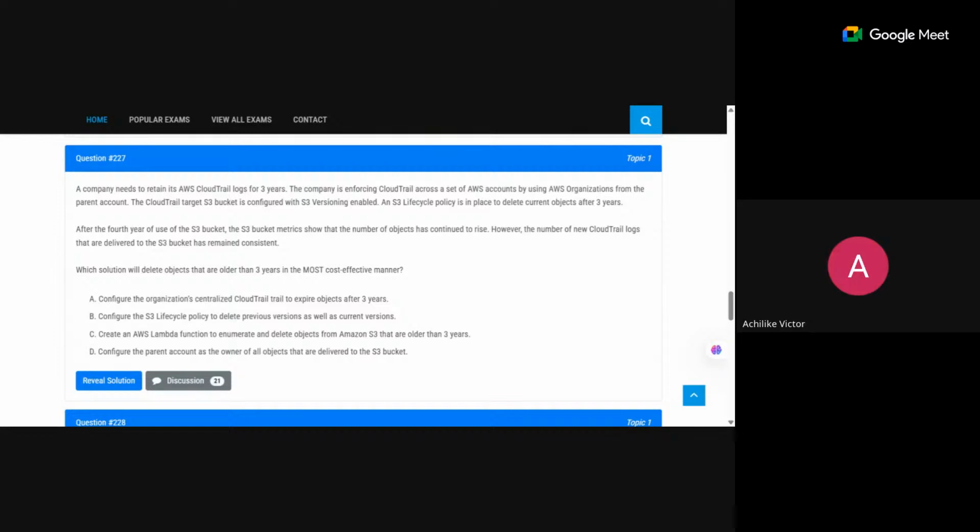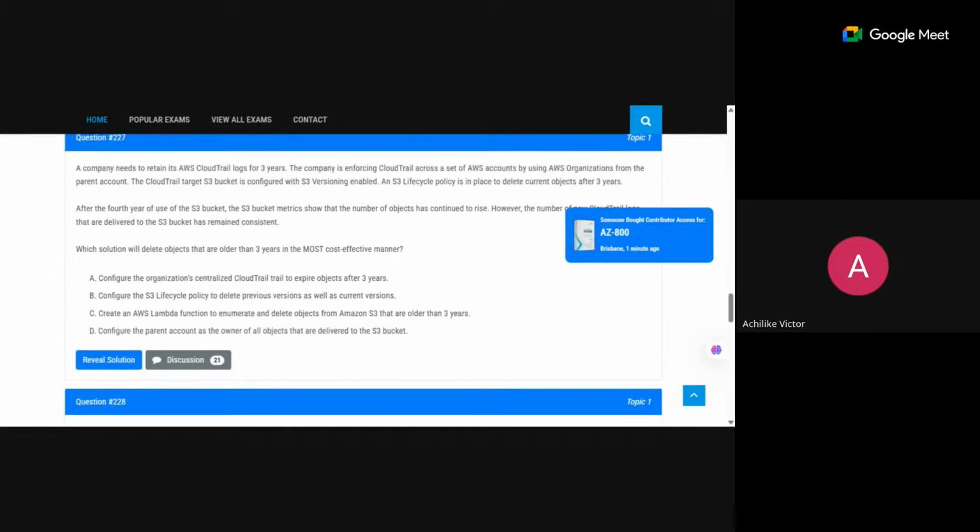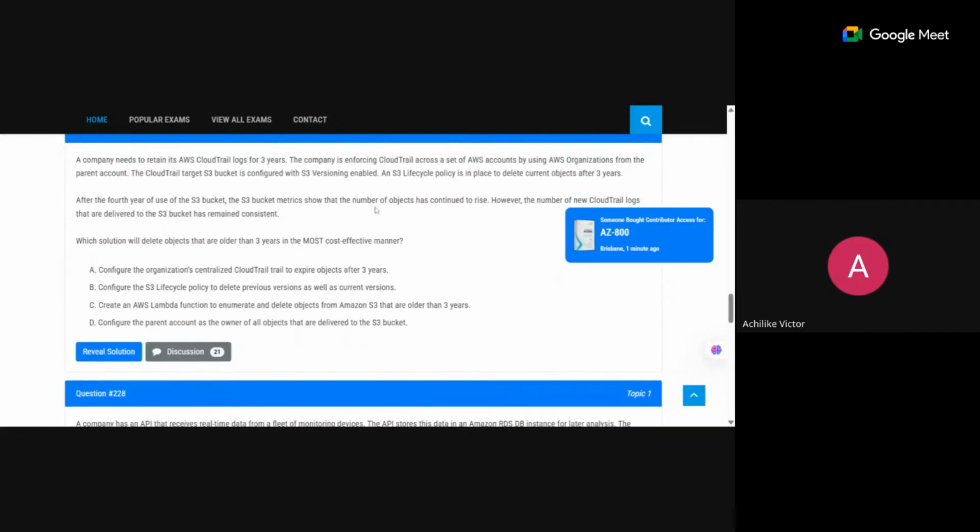A company needs to retain its AWS CloudTrail logs for 3 years. The company is enforcing CloudTrail across a set of AWS accounts by using AWS Organizations from the parent account. The CloudTrail target S3 bucket is configured with S3 versioning enabled, and an S3 lifecycle policy is in place to delete current objects after 3 years.